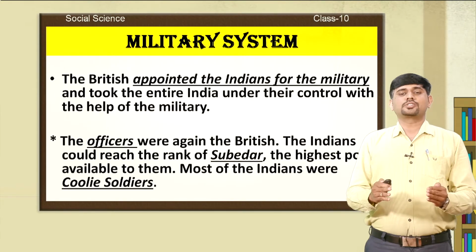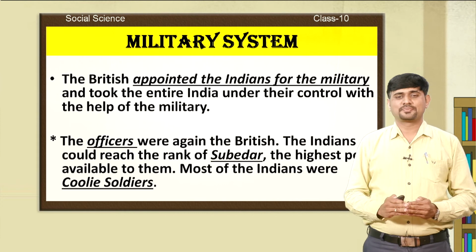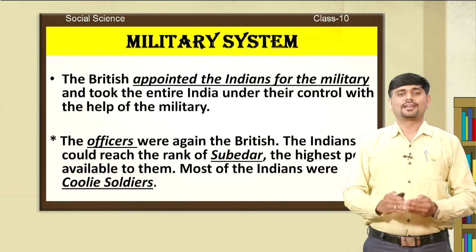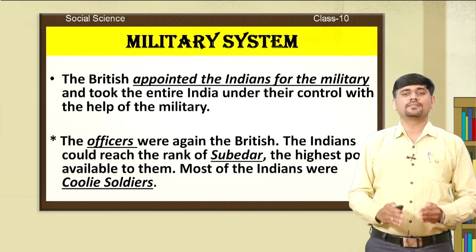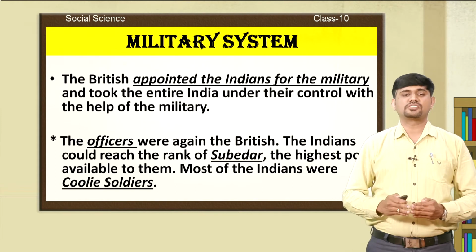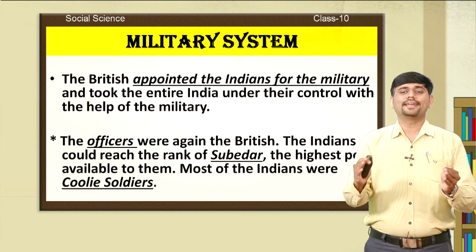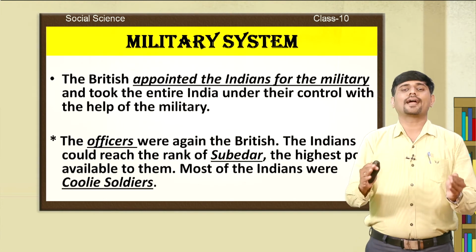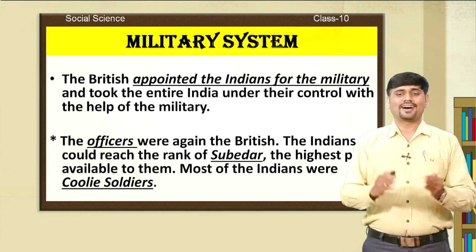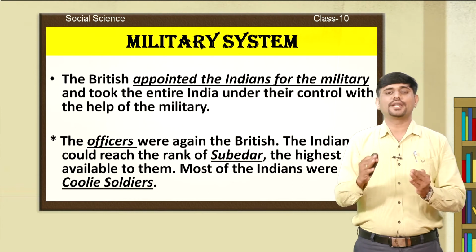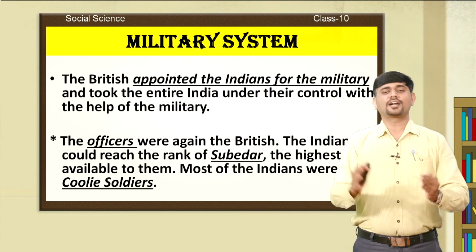The officers were again the British here. In the military system, the high positions were all given to the Europeans. The Indians could reach only the rank of Subedar. The highest post available to the Indians was only Subedar.